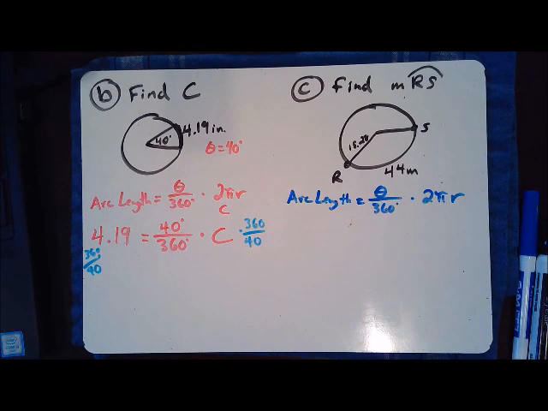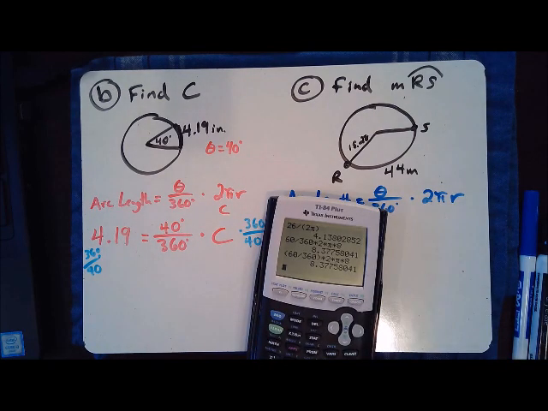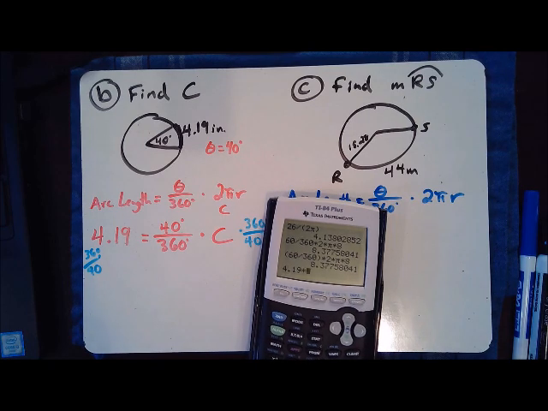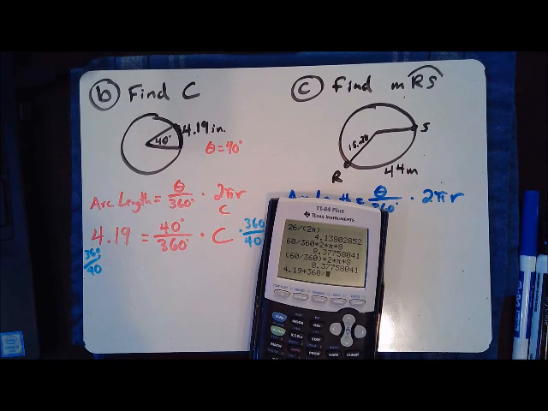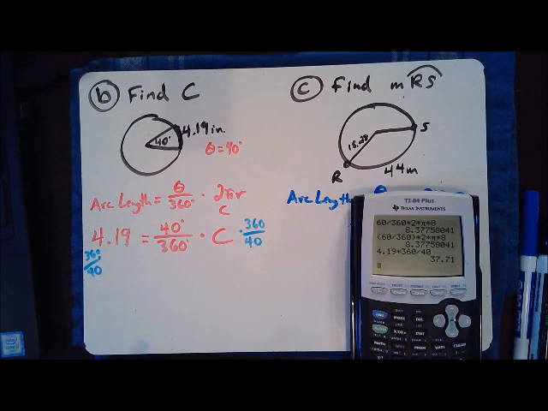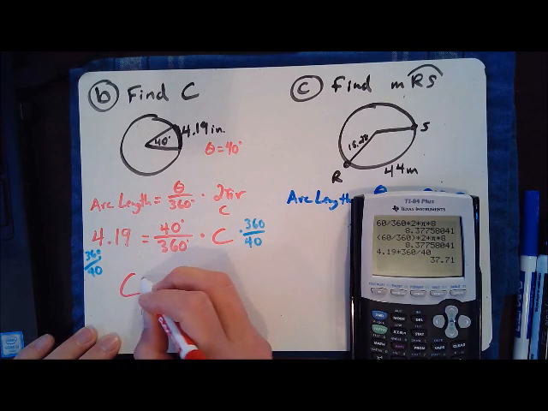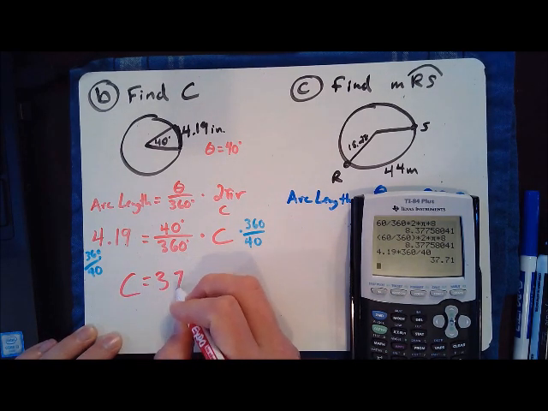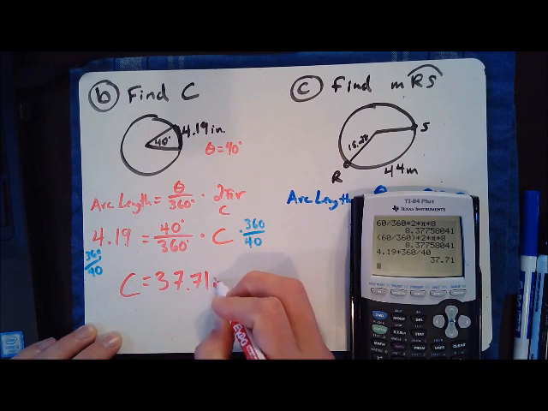When I do that, I'm going to do 4.19 times 360 divided by 40. I get 37.71. So the circumference of this circle is 37.71 inches.